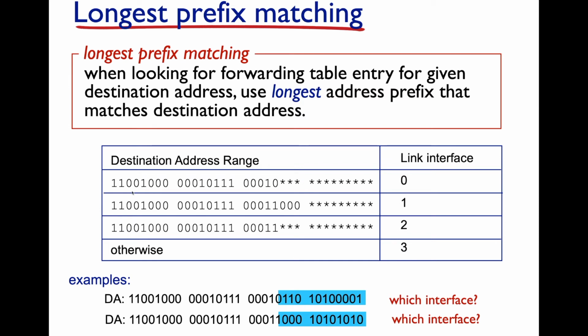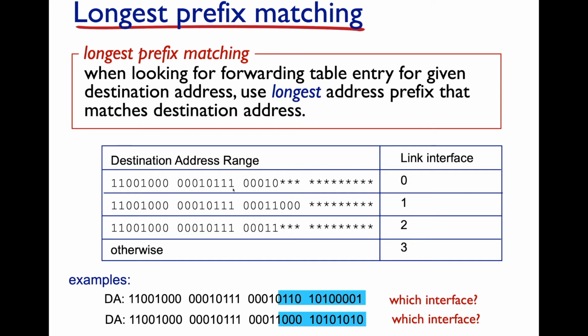If we look at these three addresses, the first address is defined in 21 bits. The next address is in 24 bits, right? And this last address is defined in 21 bits. So suppose we have this following destination address, and we do the match against the longest prefix.